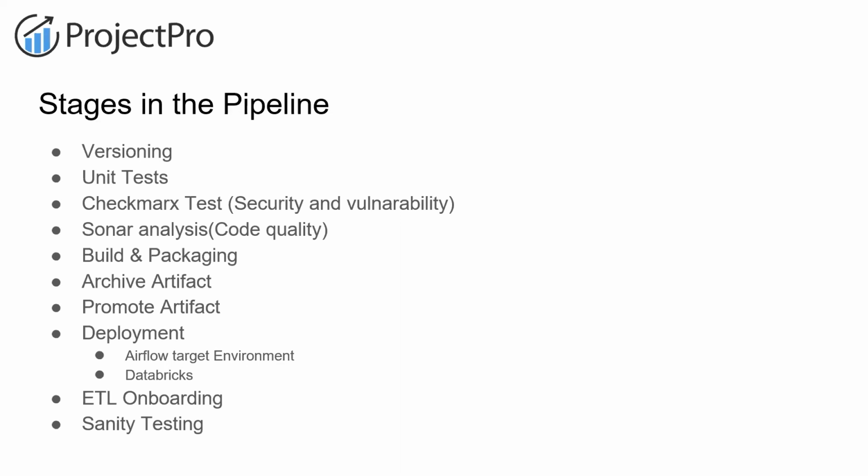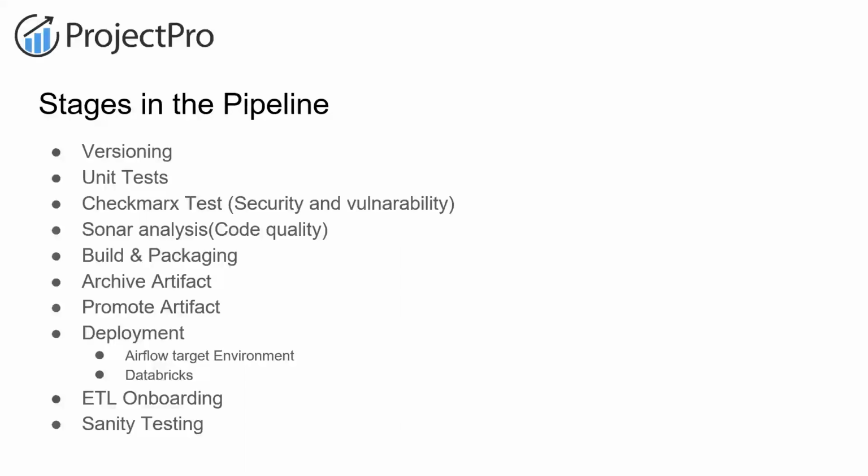And that Databricks job accordingly reads the data from the source, does the transformation, and then pushes it to the target data lake path, or Snowflake in this case when it is the published layer. So this is what happens using the ETL onboarding, where we are using configurable JSON files.